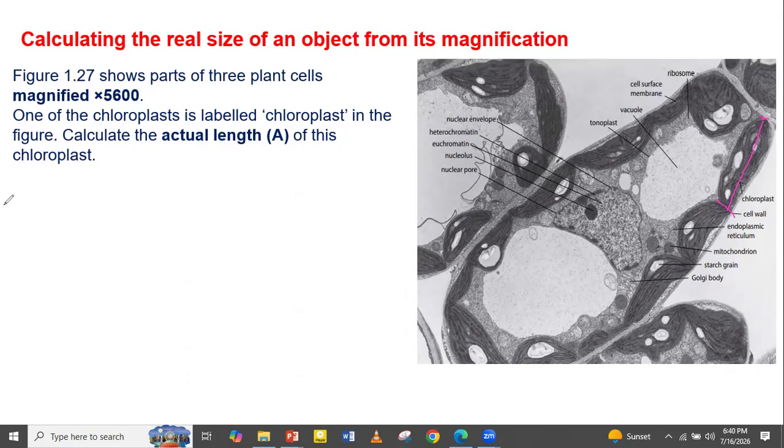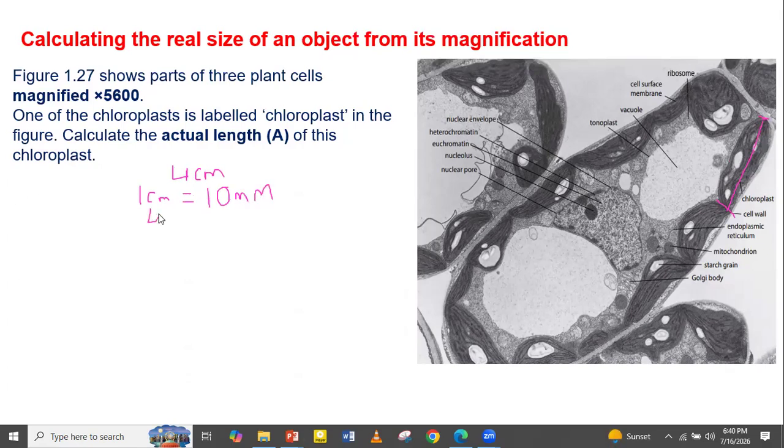Don't forget, you can turn centimeters first to millimeters or turn centimeters directly to micrometers. The choice is yours. So assuming the chloroplast is 4 centimeters, I know that 1 centimeter is equivalent to 10 millimeters.